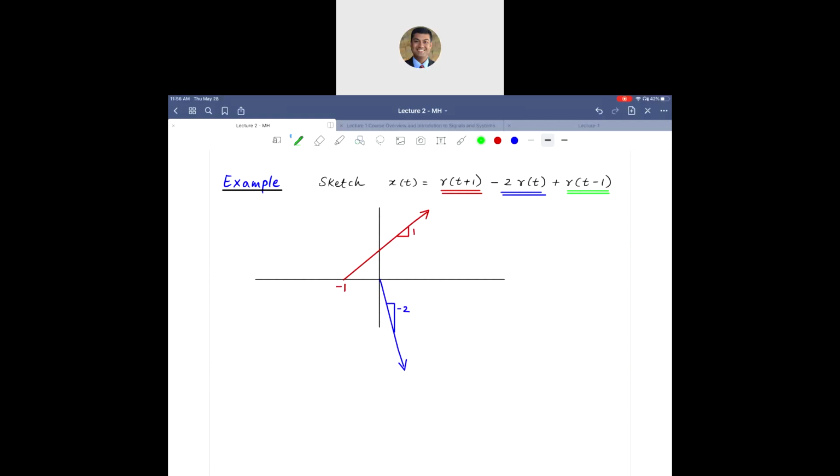And let's see, the last piece is going to be r of t minus 1. So from 1, it is going to go up because it's now delayed by one time unit. So those three pieces have been sketched together.